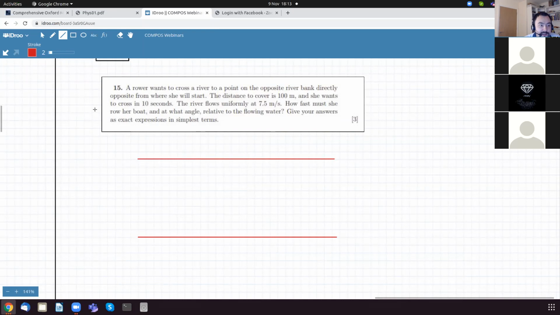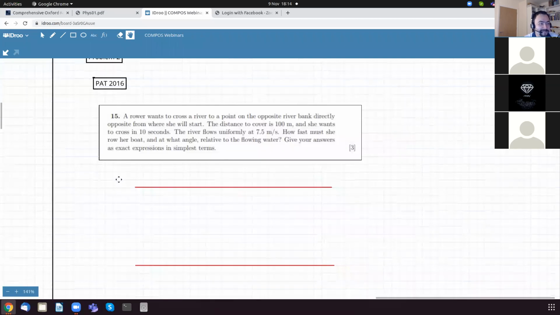The distance to cover is 100 meters, and she wants to cross it in 10 seconds. I have to say that this is a very ambitious rower, because the 100-meter world record is just over 13 seconds.